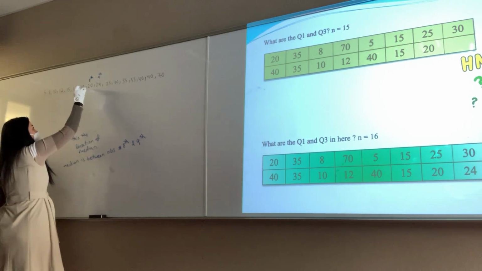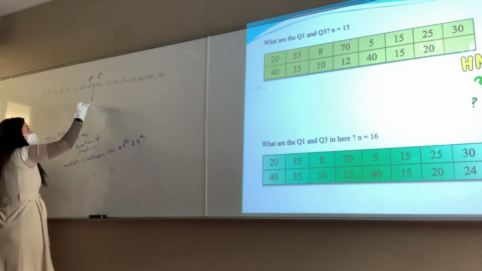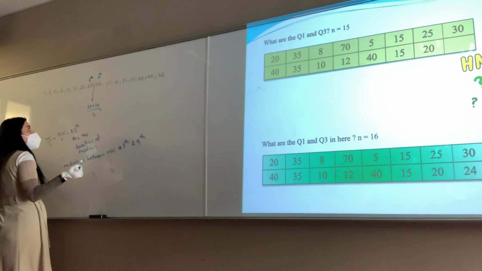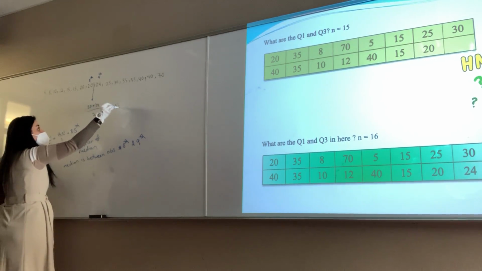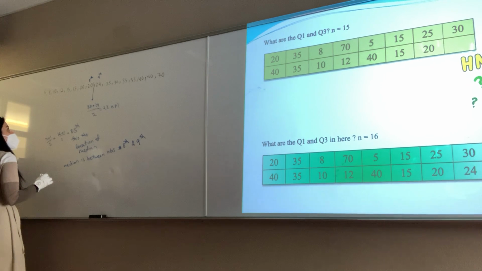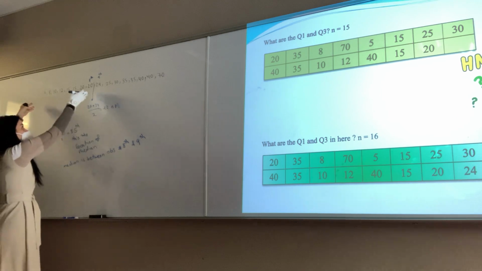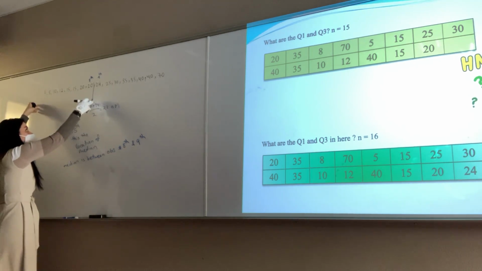So what should I do now? Add both of them and divide by 2. What is that? 22. 22 is the median, right? So now the data set on the left side of the median, because the median is 22 between these two, right?